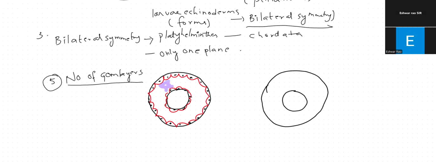This is called mesohyl. The space present between the ectoderm and endoderm has some kind of gelatinous substance or no cells. This is called mesohyl, and also mesoglea.